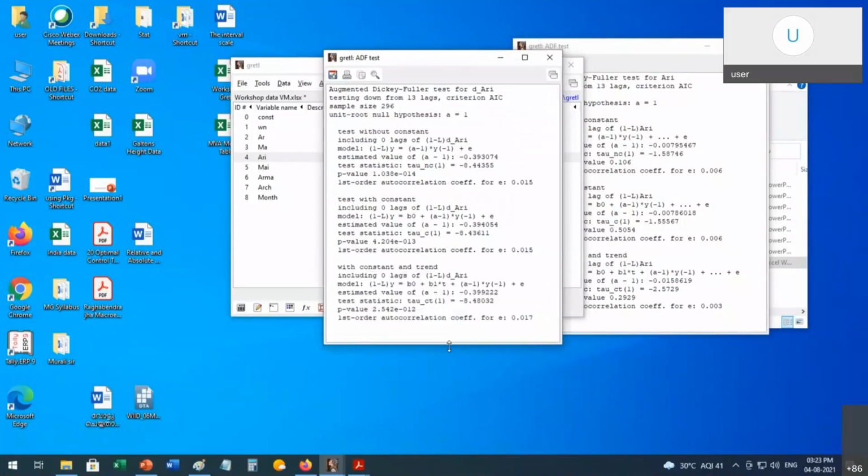In all the cases, now we have values less than 5%. This is 0, this also is 0, and the p-value here also is 0. So less than the conventional 5%, we reject the null hypothesis.